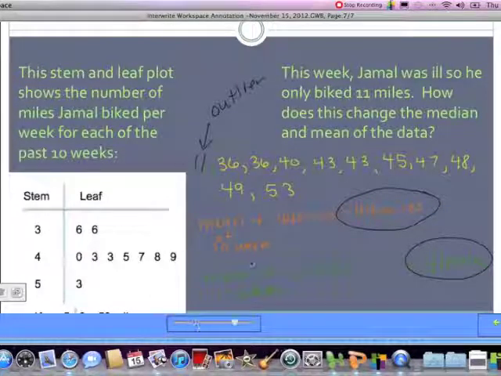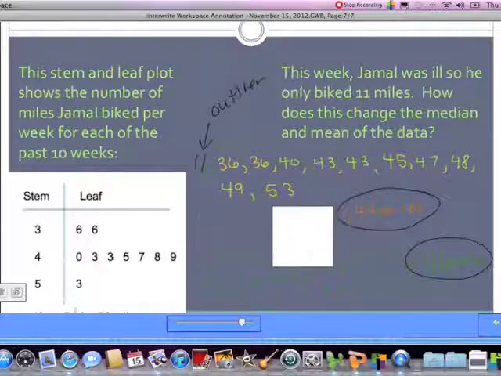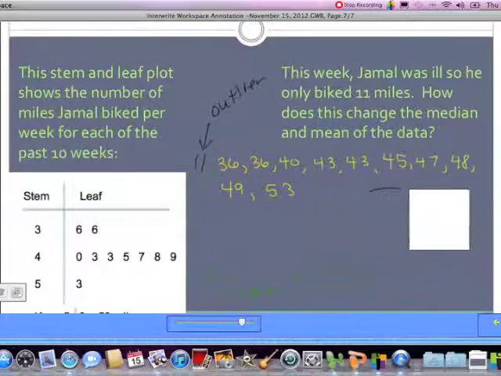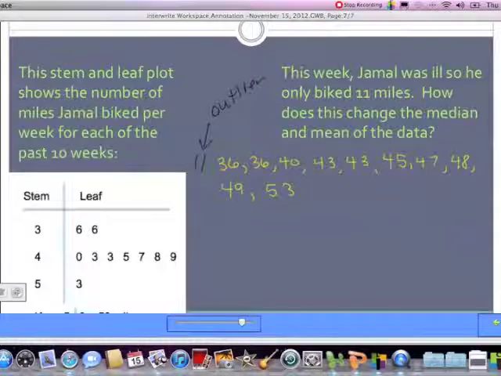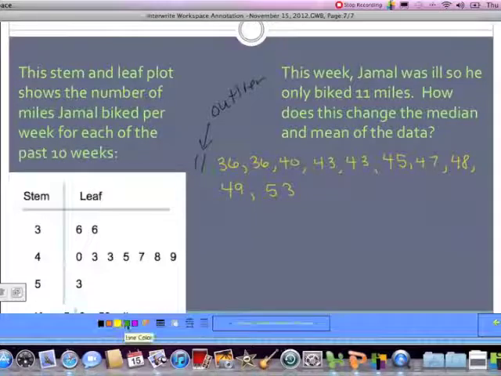So what I'm going to do is erase my mean work here, and then we're going to work on finding the median. First let's find the median, or the middle number, of the 10-week data.